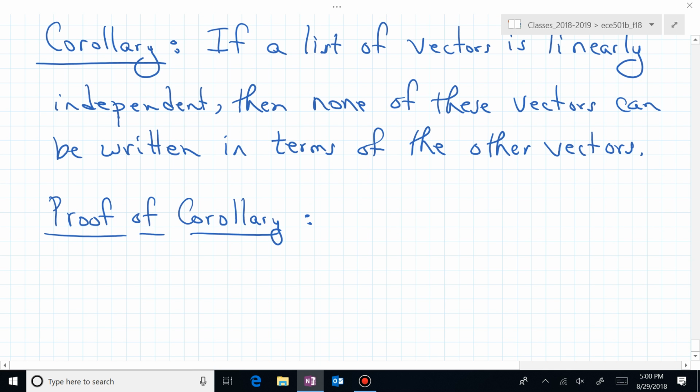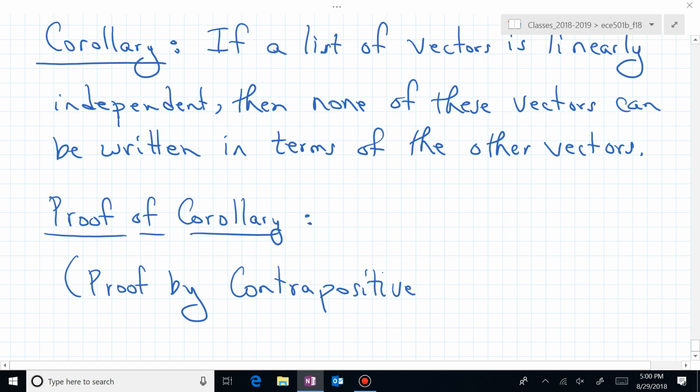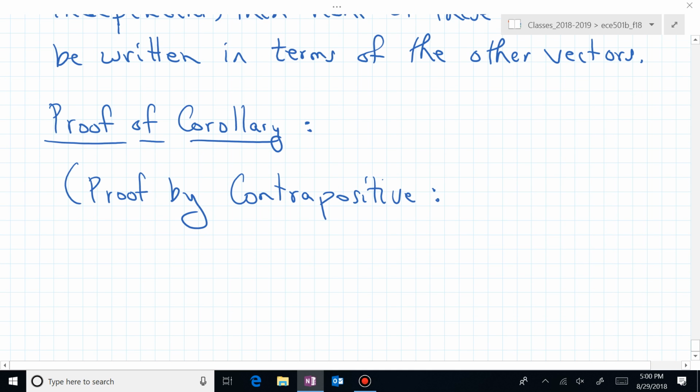Let's do this by the contrapositive. Let's assume not B. The contrapositive strategy then is to say we need to show not B implies what?